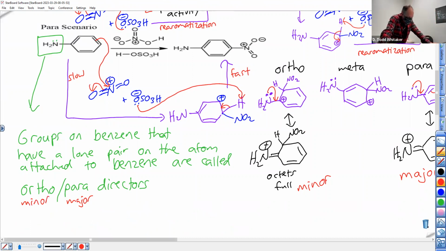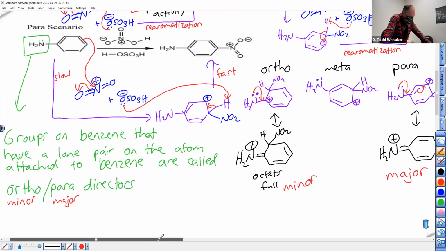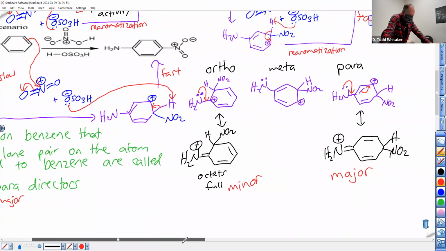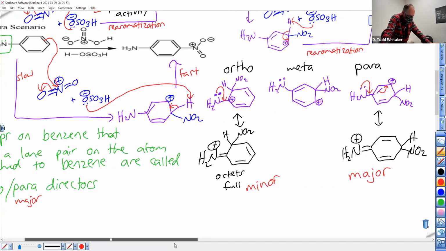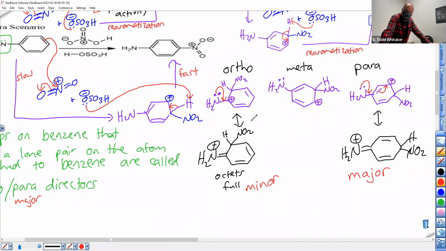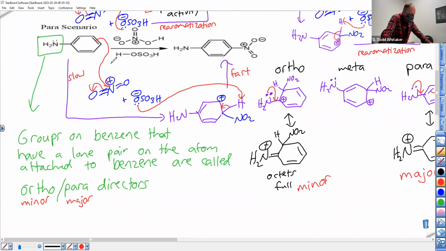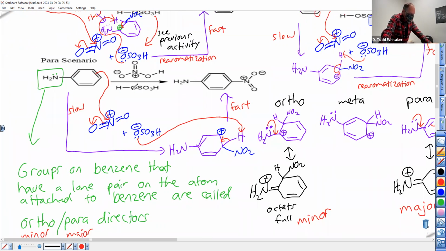You're going to tell me why you think para was a little higher in number or percent than ortho, and it has to do with not the cations themselves, but the approach of the NO2 to the benzene. Which approach has less hindrance with the NH2 group.